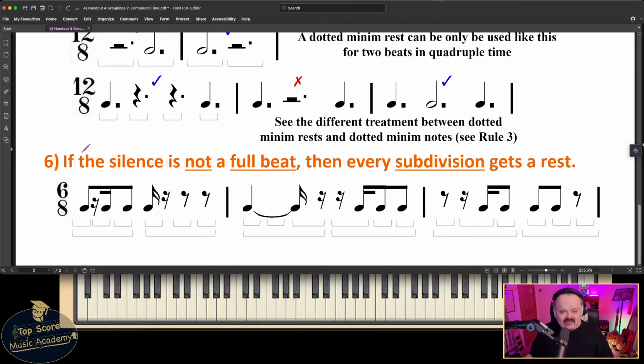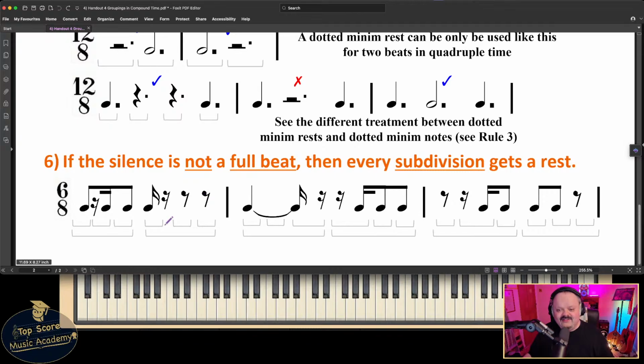Okay. And the same thing applies if a full silence is not a full beat: then every subdivision gets a rest. So the same rule applies again. If you have a silence that lasts less than a beat, you need to start adding other rests together to get up to the next level, and then add that with the surrounding notes to get up to the next level, and so on.